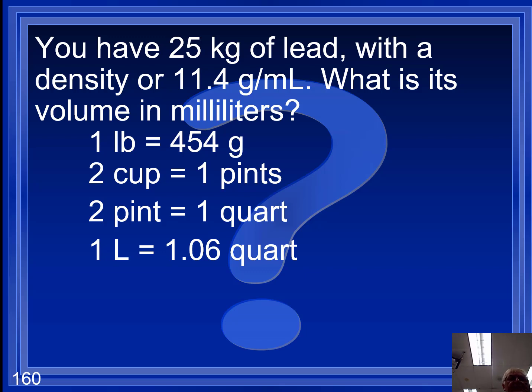And you go to the book and it tells you that lead has a density of 11.4 grams per milliliter. What is the volume in milliliters? And I give you a bunch of equivalent statements to look at there too.